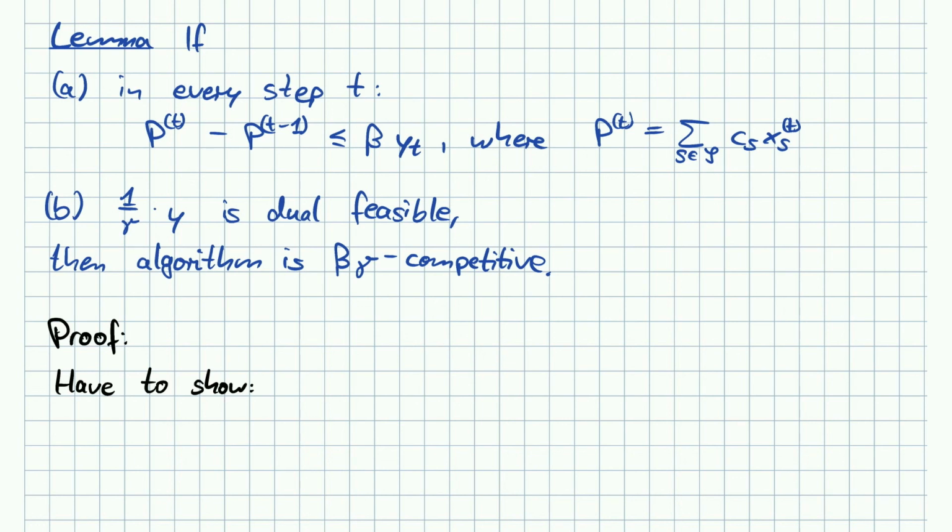We will show that this PT, the cost that we've spent up to and including step T, is no more than beta times gamma times the cost of any feasible x star.